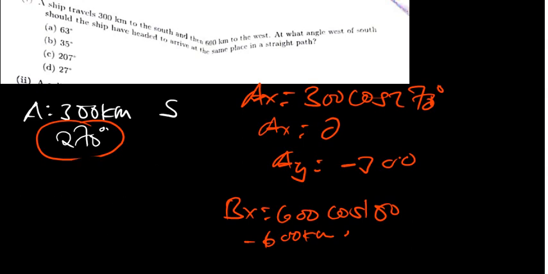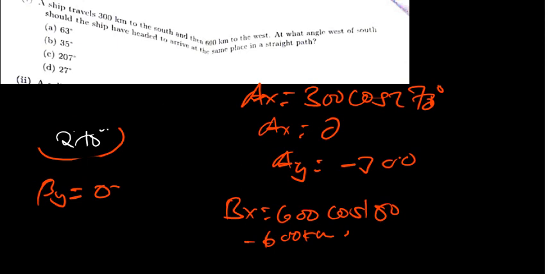Then we have By. By is going to be 0. If you do 600 sine 180, we have no sine on the x-axis, it's just cos, so it's going to give you 0. Confirm. Yeah.